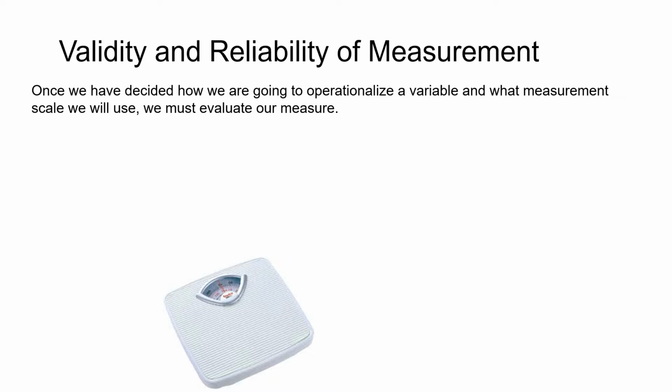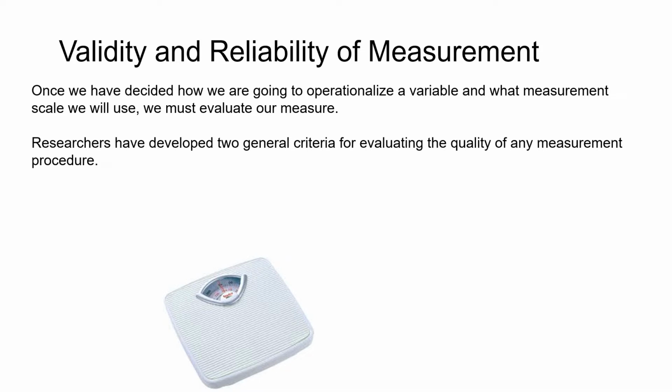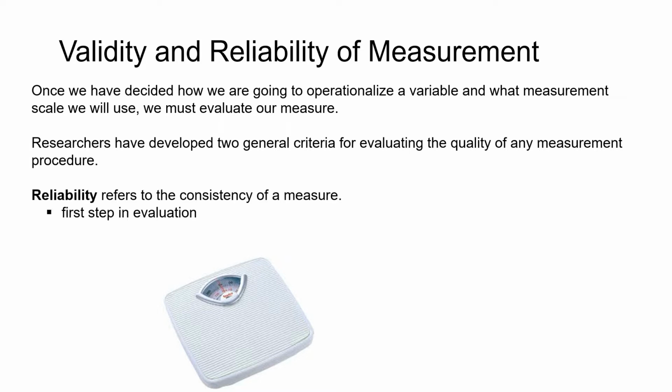So to go about doing this, what researchers do is use two criteria for evaluating the quality of any measurement procedure that they are going to utilize. The first is reliability, and this refers to how consistent a measure is.